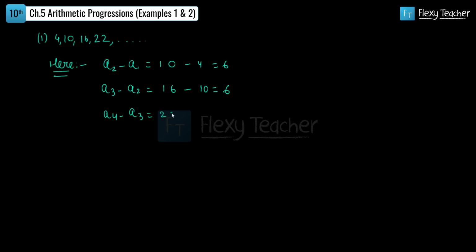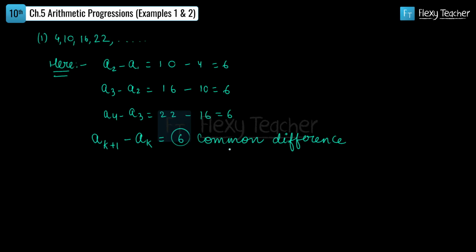This is equal to 22 minus 16, which is 6 again. So we notice that for any term Ak, A(k+1) minus Ak is equal to 6. This is our common difference. If such a situation happens, then yes, the given sequence is in arithmetic progression.